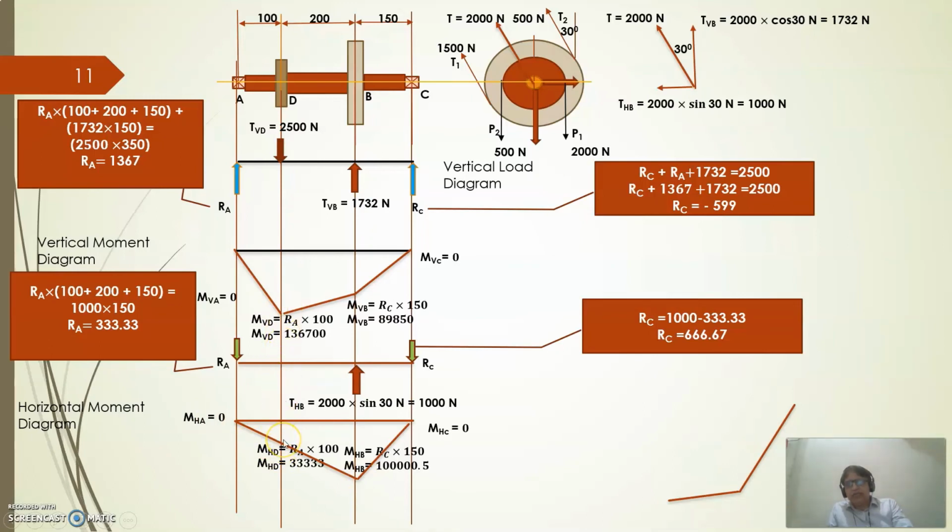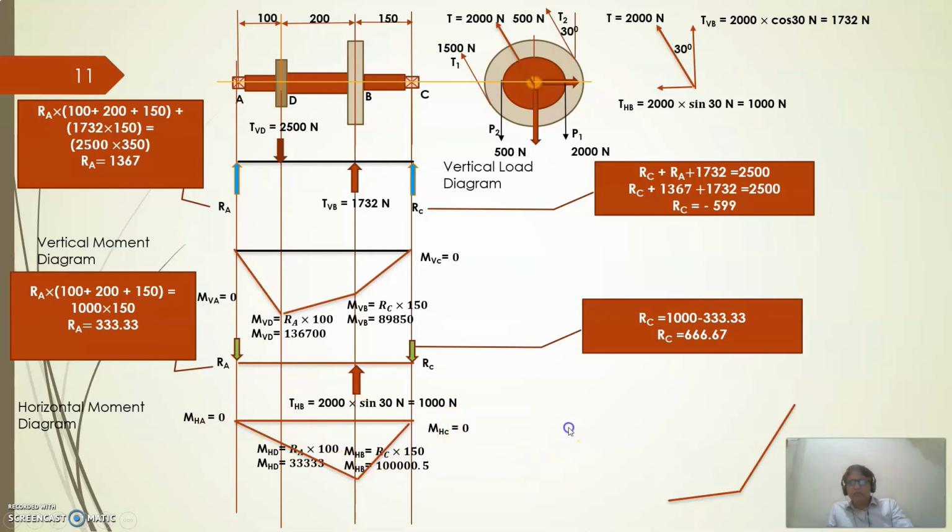So at point D, MH at D is equal to RA into this distance, RA into 100. RA is this value into 100, so you will get this magnitude. MH at B is RC into 150, so MH at B you can calculate, and you will get this point. MH at C is 0.